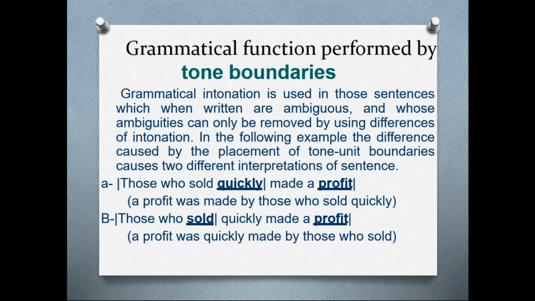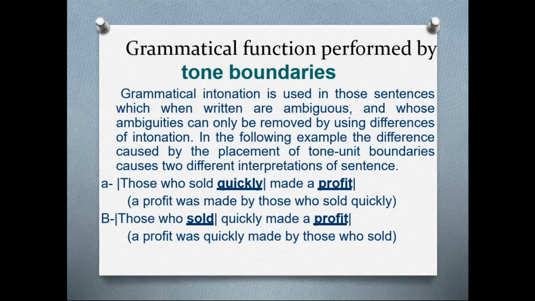So a profit was made by those who sold quickly. Those who sold quickly made a profit. So a profit was made by everybody who sold. It doesn't matter whether they sold quickly or not. So you see that with those who sold quickly, here you have a tone boundary, and it can also be a boundary of a grammatical unit. So it gives us a particular meaning.